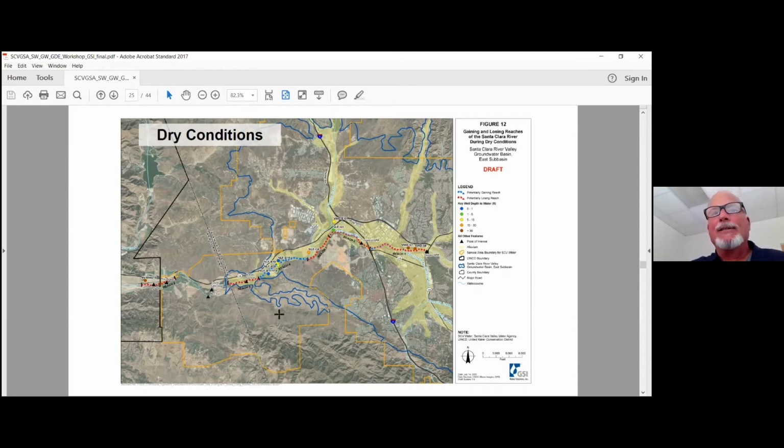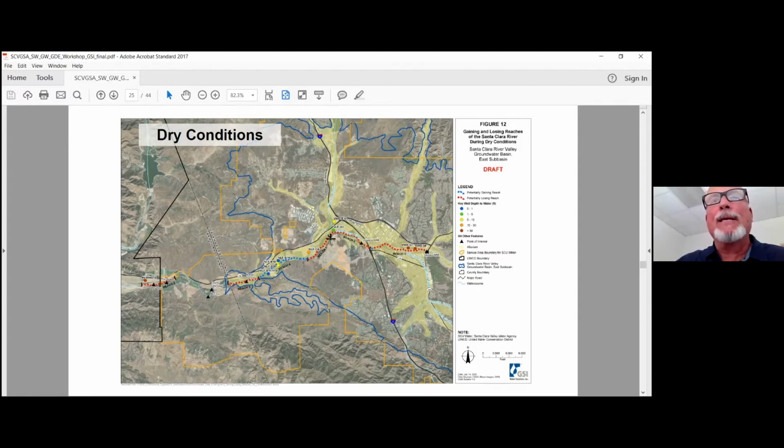Dry conditions. Virtually the entire length of the river appears to be losing based on the information that we have, except for this little spot right here underneath the I-5 bridge, where I know Tom Barnes and John Porcello from our team observed flow in some pools, some upwelling, in part because of the thinning of that alluvial aquifer there and because of a rise in that Saugus Formation bedrock here.